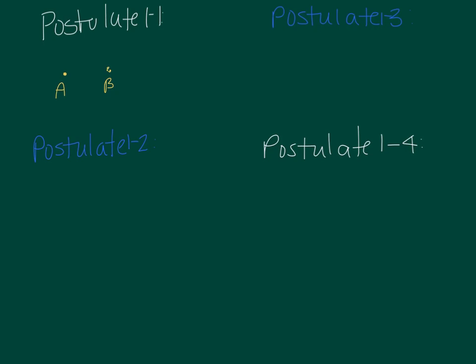Well, according to this postulate, I can successfully draw one line. Okay, now that doesn't mean that I can draw one line and it's going to have exactly 2 points, because the definition of a line says that it has infinitely many points. The postulate says that if you have 2 points, any 2 points, doesn't matter what they are, there is exactly one line that passes through them.